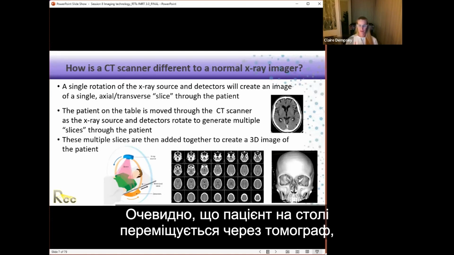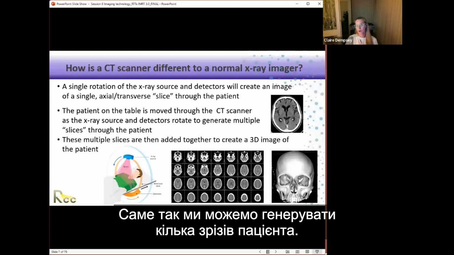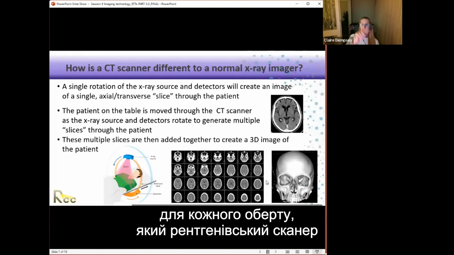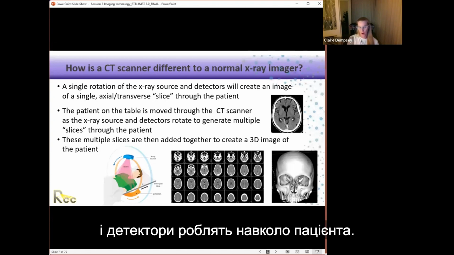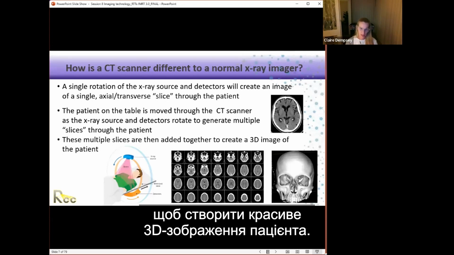Then the patient on the table is moved through the CT scanner, and the X-ray source and detectors continue to rotate, and that's how we generate multiple slices through the patient. You can see in this image down the bottom, we have multiple slices for each rotation that the X-ray source and those detectors do around the patient. Then we can add those multiple slices together to create a beautiful 3D image of the patient.